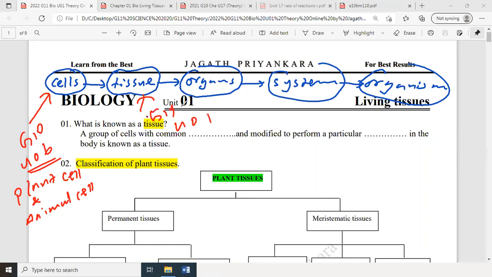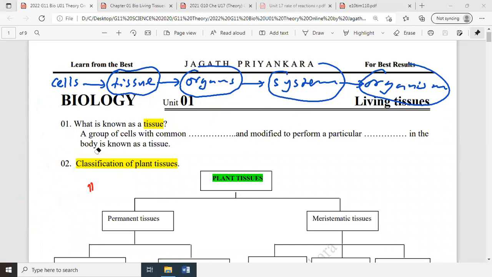Organs and systems you will be learning in grade 11, unit 6. Organism you learn about again in grade 11, unit 15, organization levels of the environment and so on. And in medicine they learn human only, not the other organisms. Anatomy of the human body, human anatomy.